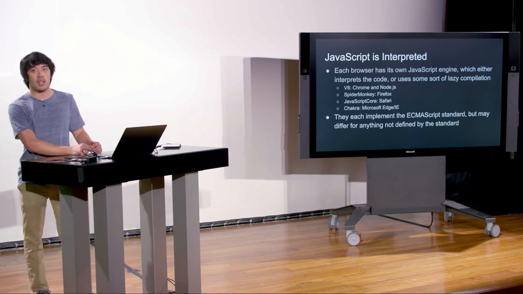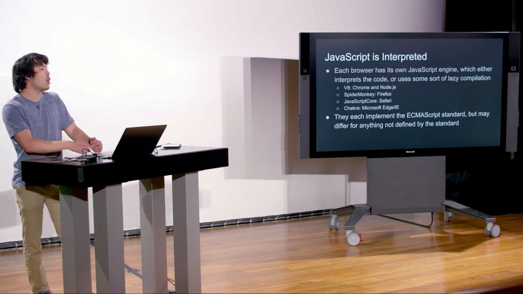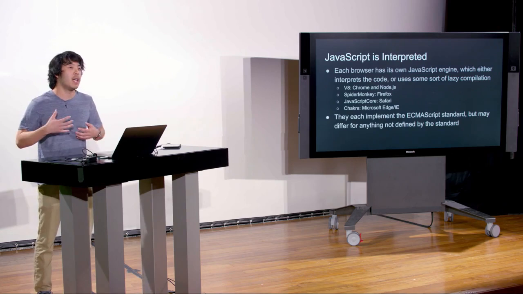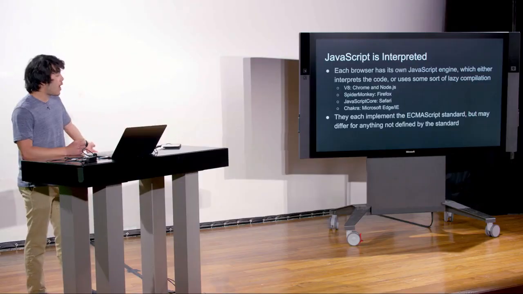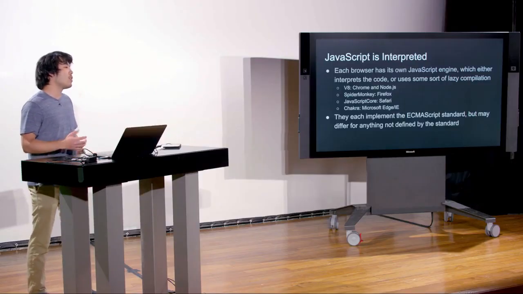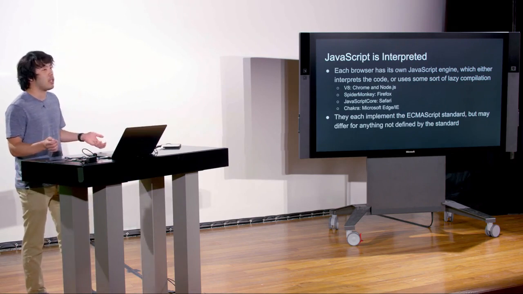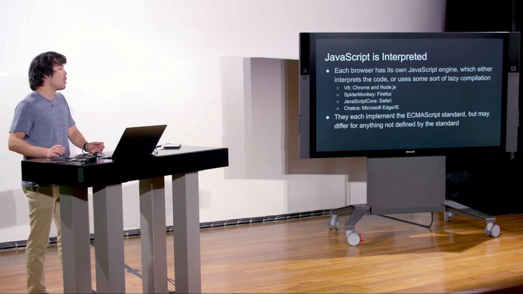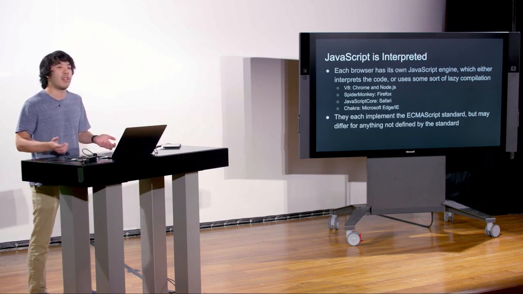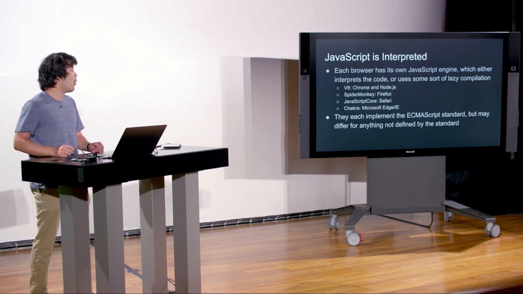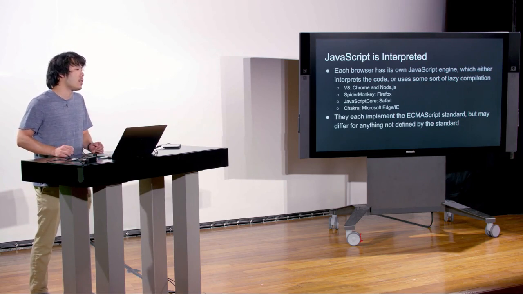They're in charge of just putting out a spec, meaning, hey, I know you have this language, but this is exactly what this language needs to do. And for every single function, this is exactly how this function should behave. And so each of these browsers, the engines in the browsers, actually implement this standard. But there are some functions where the standard is a little bit hazy, or maybe it doesn't even define this particular function. And there's no hard line of exactly what that function should do. So they may differ for anything not defined by that standard.